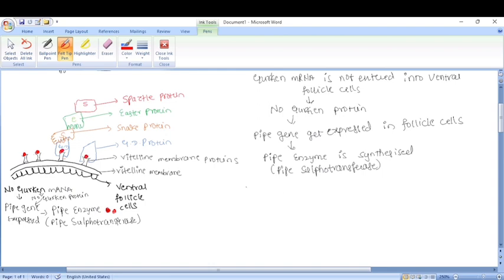These are sulfonated by the pipe enzyme.